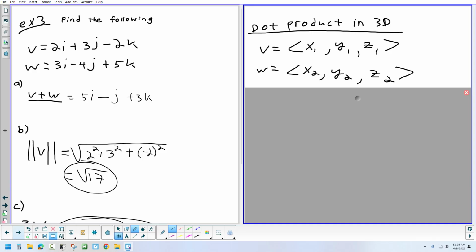You'd only use those. So if somebody said, "What is the formula?" What would you tell them? What's the actual formula? X2 times X1 plus Y2 times Y1. So we're going to multiply the x's together, multiply the y's together, and then add them up.